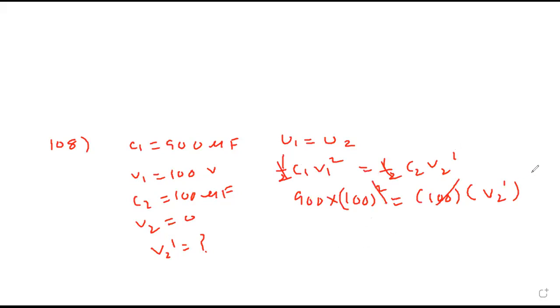So in the square form, taking square root, 900 square root will be 30 and 100 will be 10. V1 is 100, so we get V2 equals to 300.